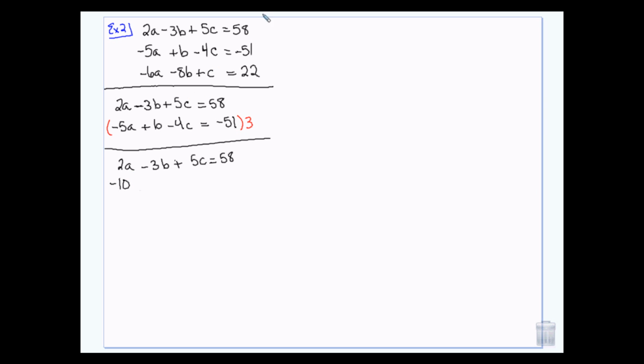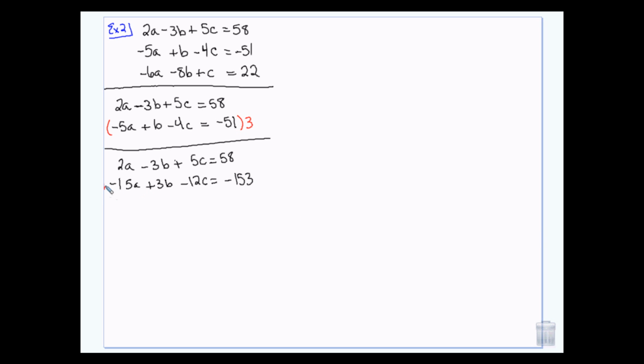And I get negative 15a plus 3b minus 12c is equal to negative 153. Wait, hold on. I can't multiply in my head today. I am sleep deprived. 153. Okay, I was doing it right. Sort of.